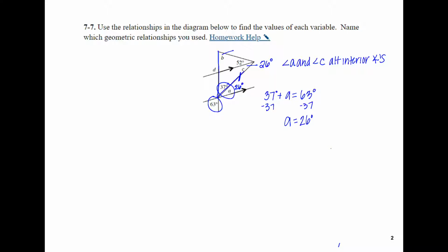If we're looking at this bigger triangle, B we can find by doing 180 minus 78 minus 37. So we then can conclude that the measure of angle B is 65 degrees because all the angles inside a triangle add up to 180 degrees.